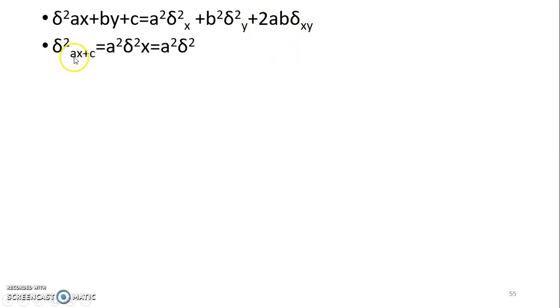And the variance of aX plus c is equal to a squared variance of X, because the variance of a constant is equal to 0.